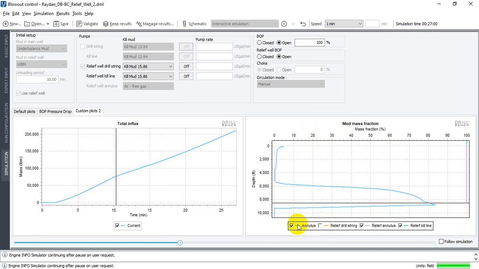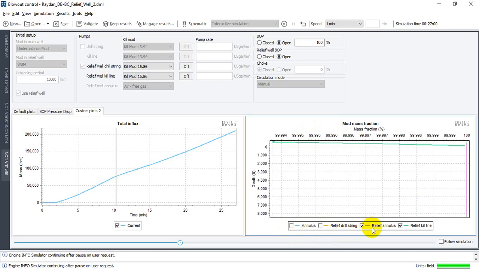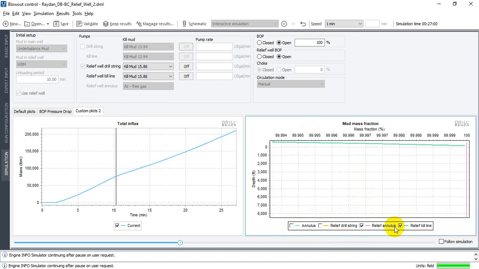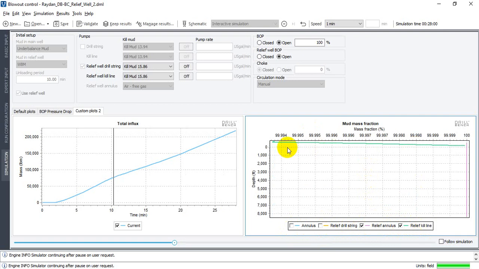The relief annulus is constant at 100% for the relief well, but the relief kill line is okay at the head from 0 feet.